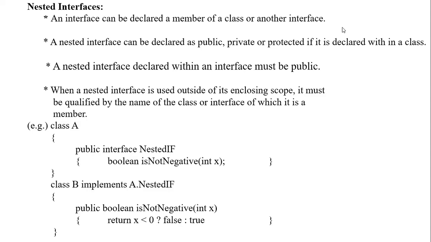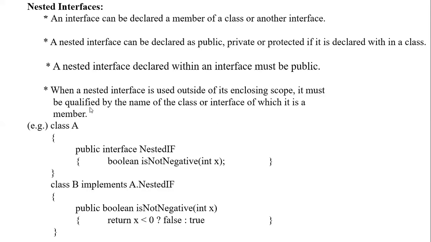Sir, the last point: when a nested interface is used outside of its enclosing scope. The nested interface is your NestedIF, and its enclosing scope is its scope. What it is saying is that when you want to implement this particular nested interface, you have to use its class name dot interface name.